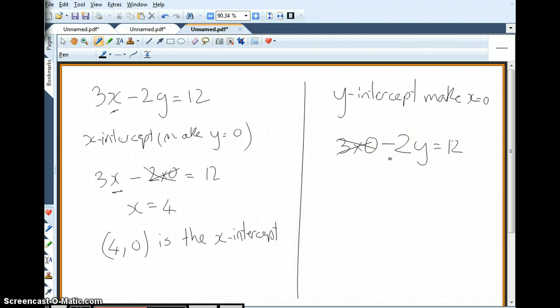That's cancelled. 3 times 0 is gone. 2 times what gives 12? Yeah, it's actually a negative 6. Do you see that? Because it's a minus 2. The answer is y equals negative 6, not 6. Coordinate, x is 0, y is negative 6.